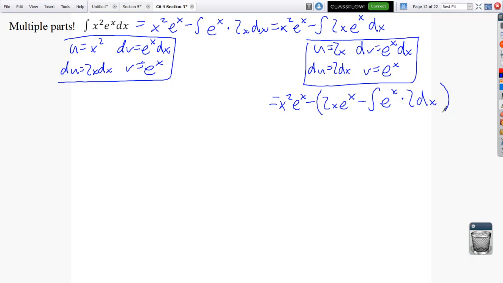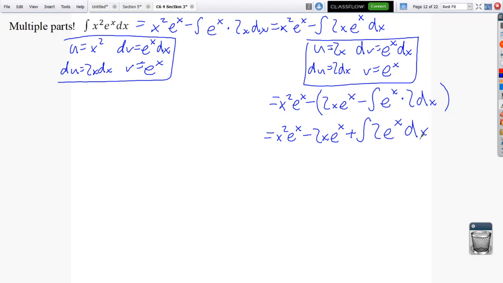Close my parentheses. Now I'm just going to clean this up a little bit. This becomes x squared e to the x. I'm going to distribute my minus here. So this becomes 2x e to the x, minus negative becomes plus, the integral of 2 e to the x dx.